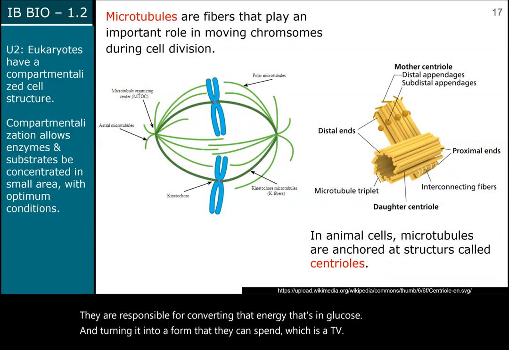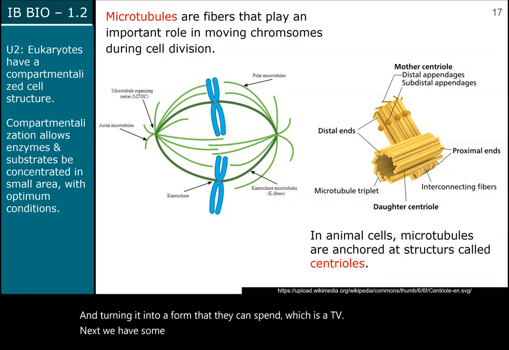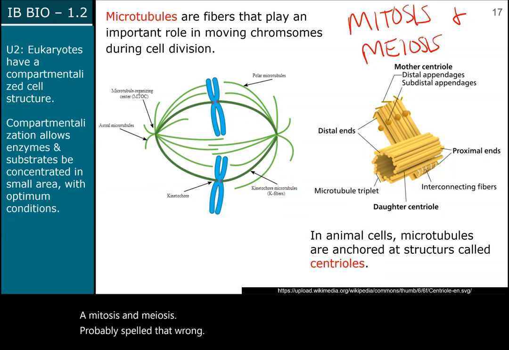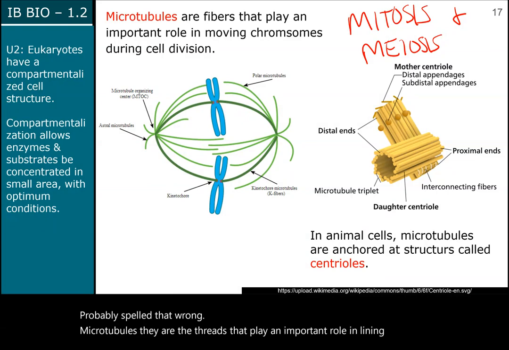Next, we have some organelles. Now, these are only important during mitosis and meiosis. Microtubules, they are the threads that play an important role in lining chromosomes up during cell division.